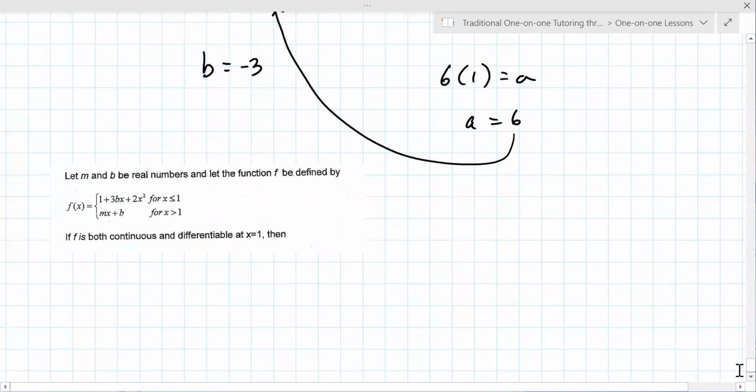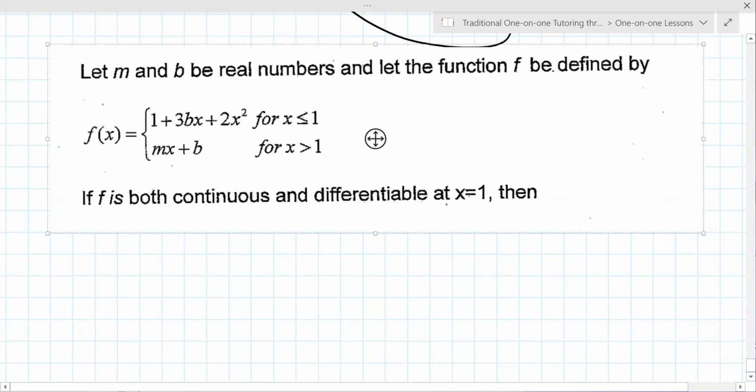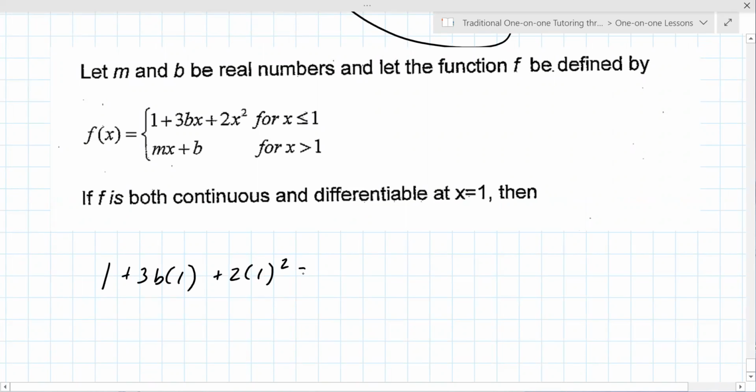So kind of same situation here. You have to try it at 1. So you have 1 plus 3b times 1 plus 2 times 1 squared equals m times 1 plus b. So you get 1 plus 2, that's 3 plus 3b equals m plus b.